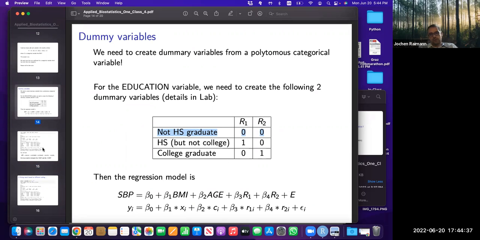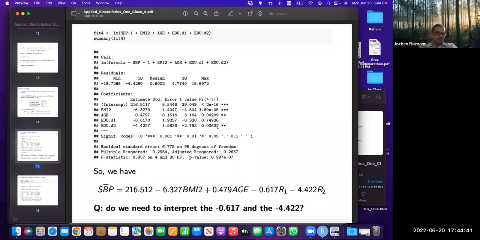So you still should interpret it, because you understand that there are differences in high school graduates as well as college graduates in terms of blood pressure. But if the prediction in question is for a non-high school graduate, then you do not need to really consider them in your analysis, because these two coefficients will be multiplied by 0, and that's when they drop out of your prediction.